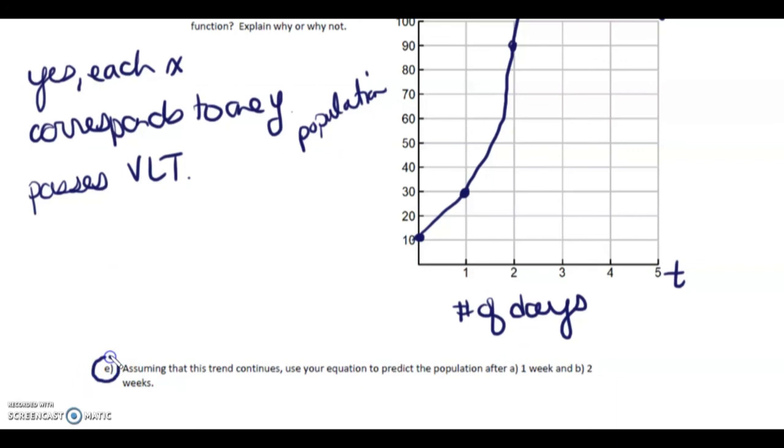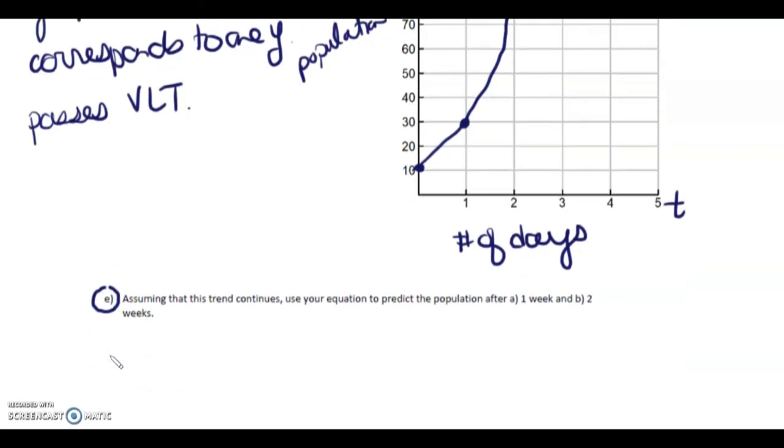Okay, so E. Assuming that this trend continues, use your equation to predict the population after 1 week and 2 weeks. So be careful with these. 1 week is a weekly measure, but our tripling life, that's what we call it, every single time we triple, it's a day. So 1 week converted into days is 7 days. 2 weeks converted into days is 14 days.